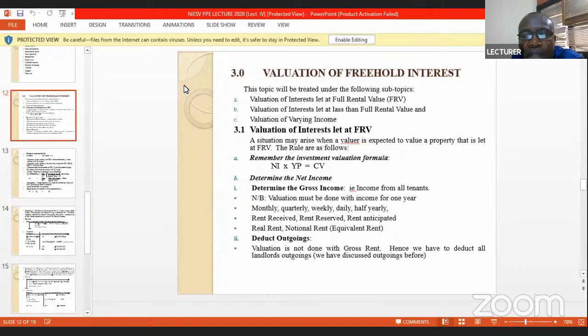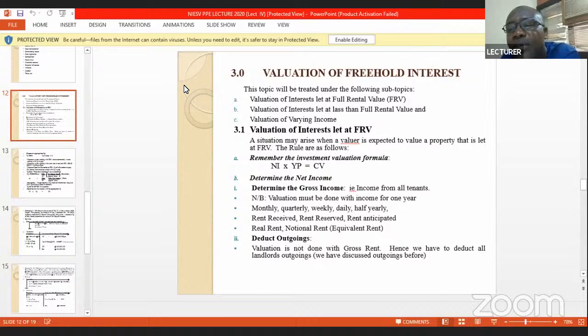After you have determined the net income, for you to determine the net income, you deduct outgoings. In our previous lecture, we mentioned the items that make up outgoings. If you have a valuation problem, all the outgoings may not be included in your valuation problem, but it is for you to know which ones and to carefully use it.